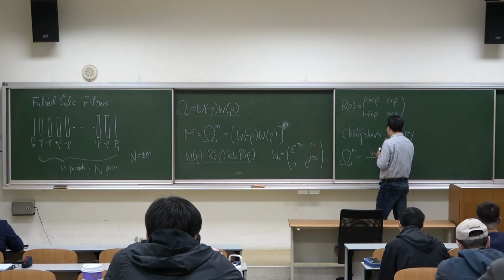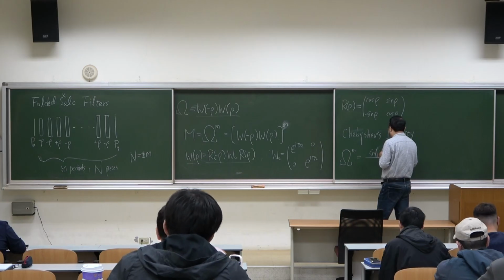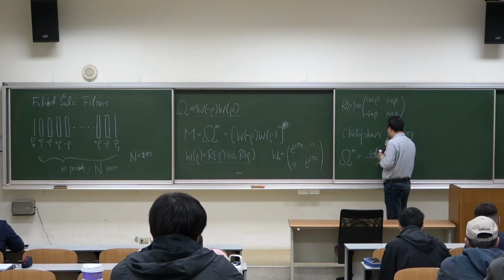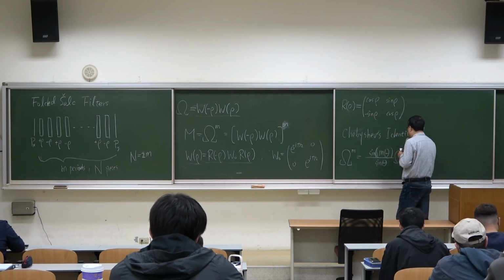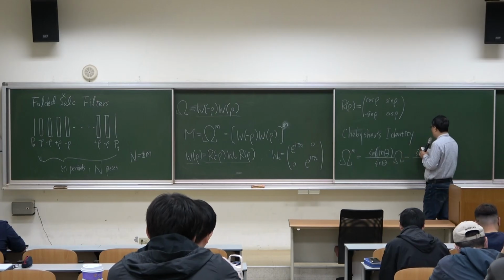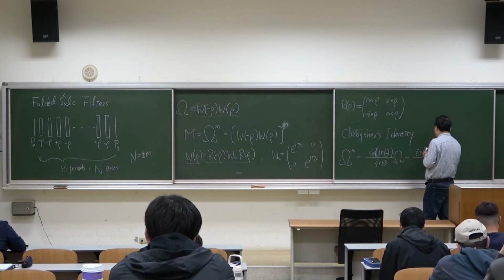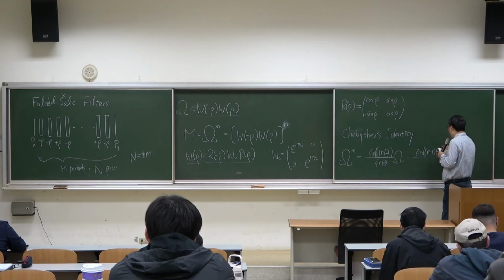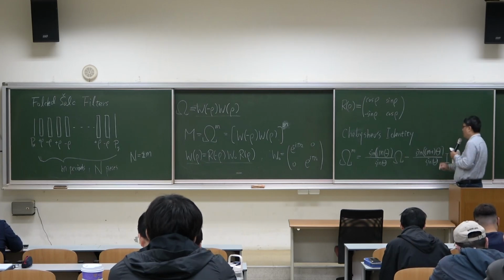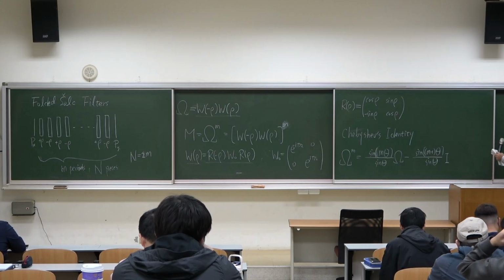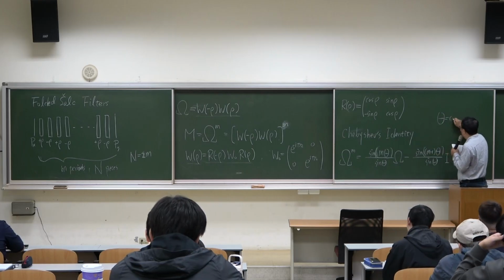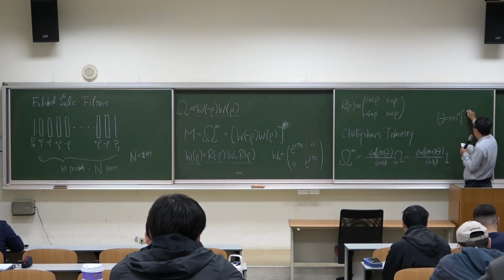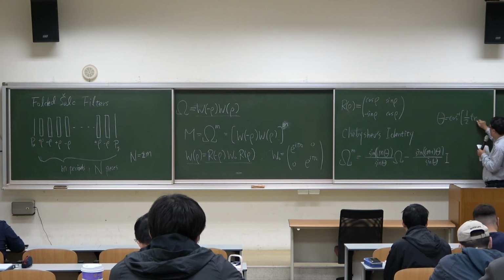sine of m theta over sine theta times capital Omega minus sine m minus 1 theta over sine theta times unit matrix. Here, theta is defined as arccosine of 1/2 trace of capital Omega.